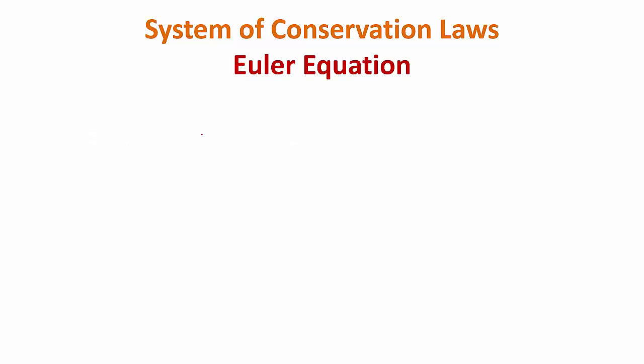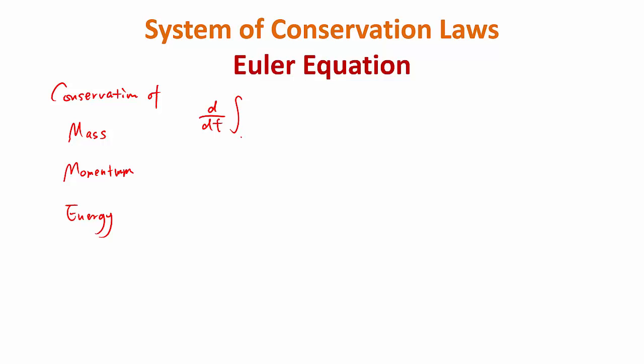Okay, so for example, I'm going to give you the Euler equation as an example of system of conservation laws. So the Euler equation deals with the conservation of mass, momentum, and energy. So for mass conservation, it basically tells you the d/dt of the integral of density within the control volume, dV, right?